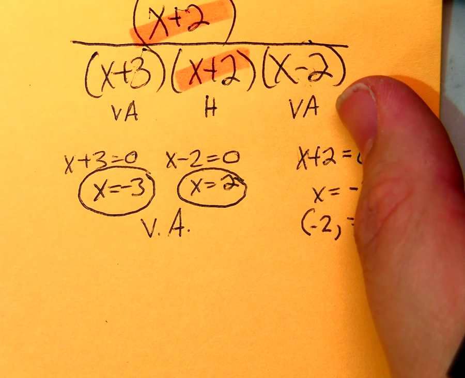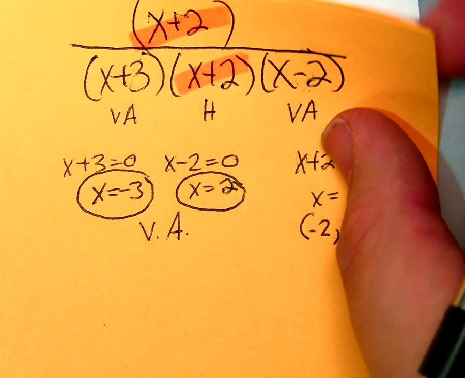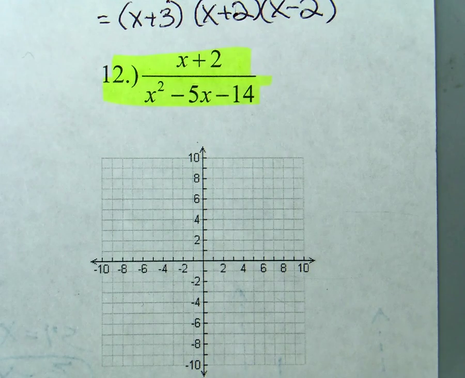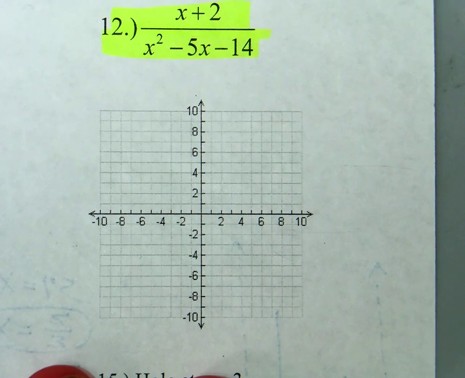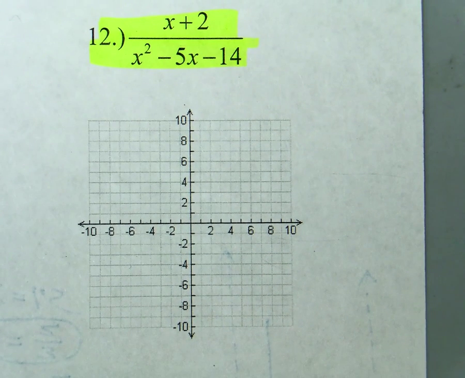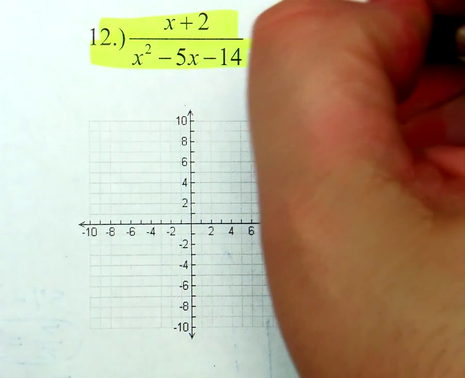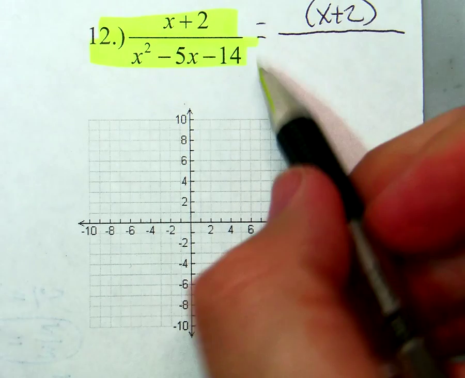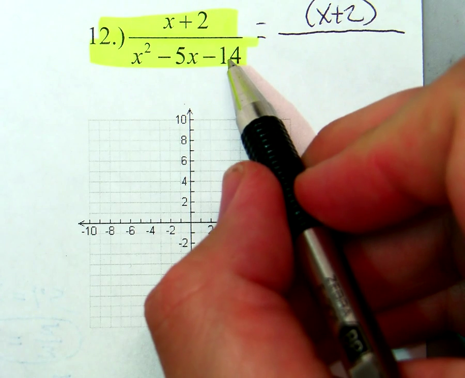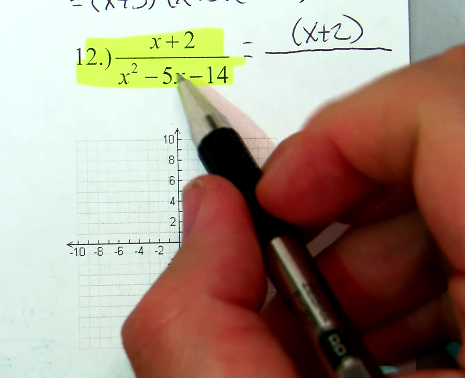Now there was a question on how to actually graph this, because you will have to graph. I need to rewrite this. I know it's x plus 2 up top. Do I know of two numbers that multiply to get negative 14 and add to a negative 5? 2 and 7.